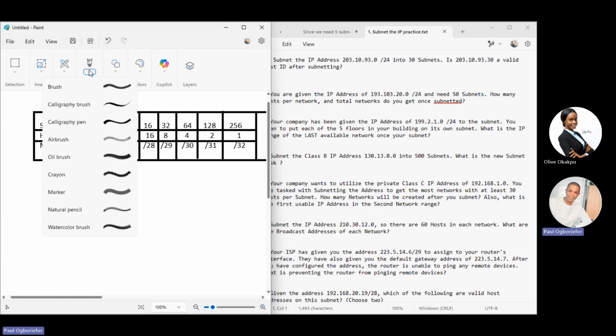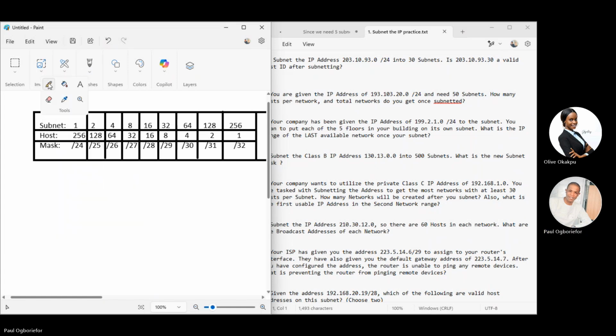And in this table, you see there are three items there. And the first one there is the subnet. So what that subnet is talking about is basically the network, right?